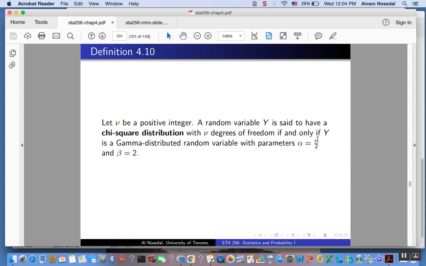Alpha must be a number nu, for the degrees of freedom, divided by 2, right?